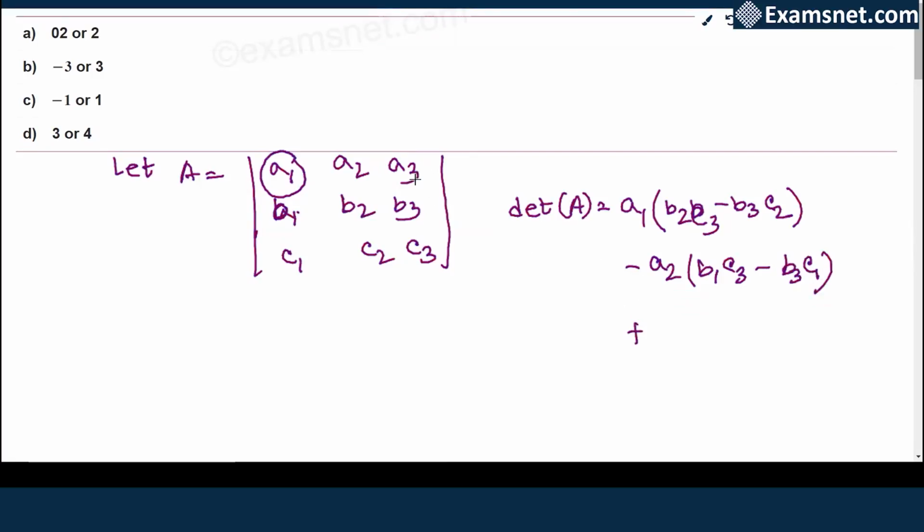In the third position of the first row is A3, multiplied by B1 C2 minus B2 C1, skipping the row and column which contain A3. This gives us the value of determinant A.